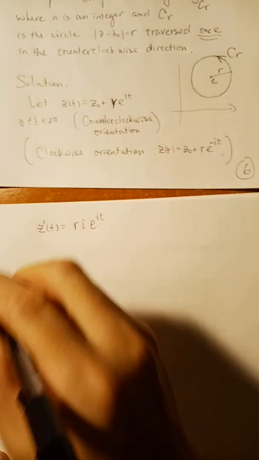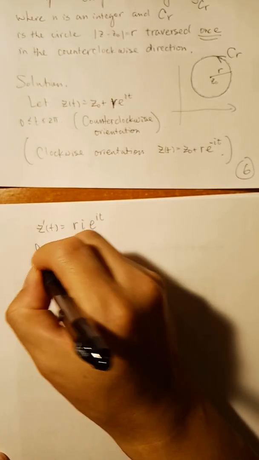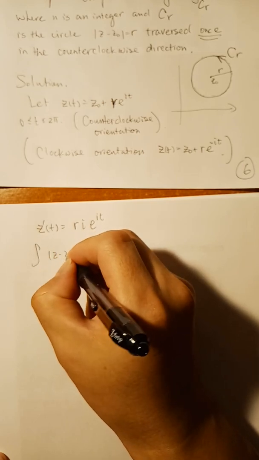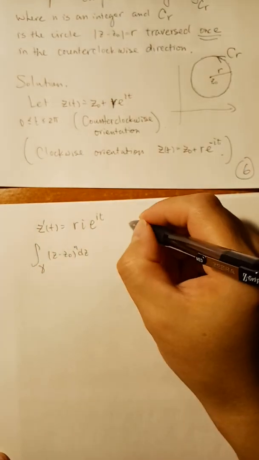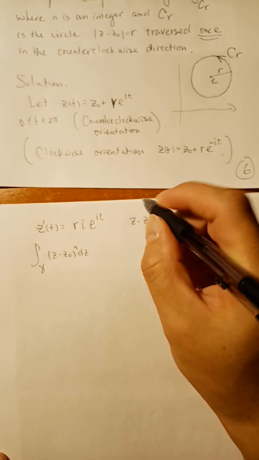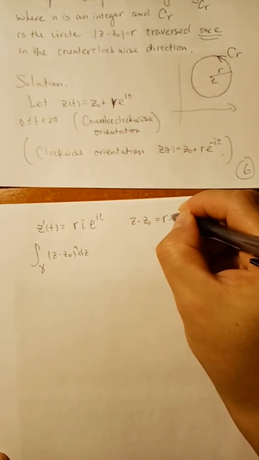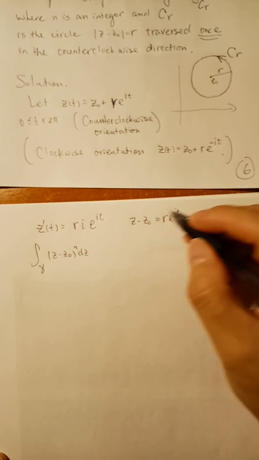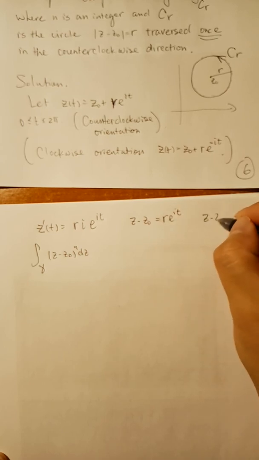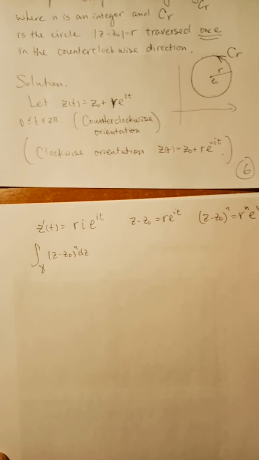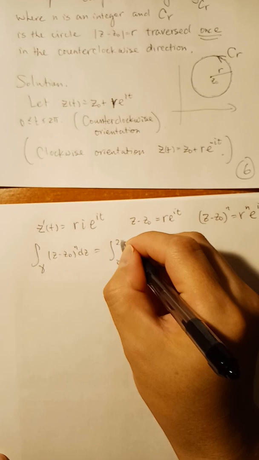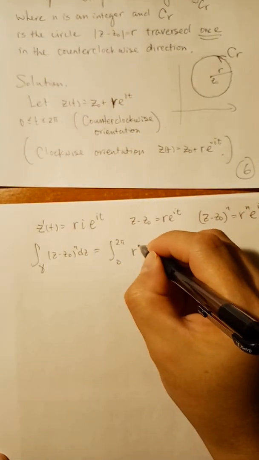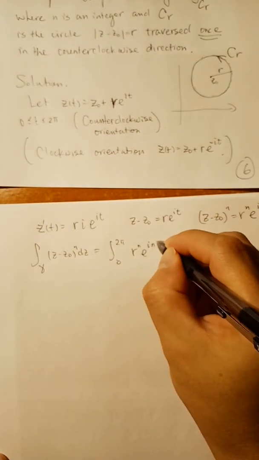Then the integral of (z minus z0) to the nth power dz along gamma: z minus z0 is R e^(it), so (z minus z0) to the nth power becomes R^n e^(int).